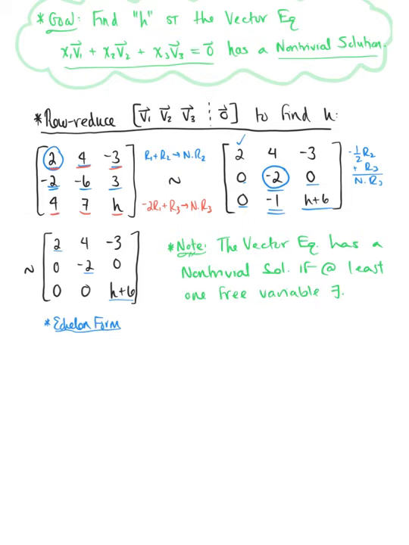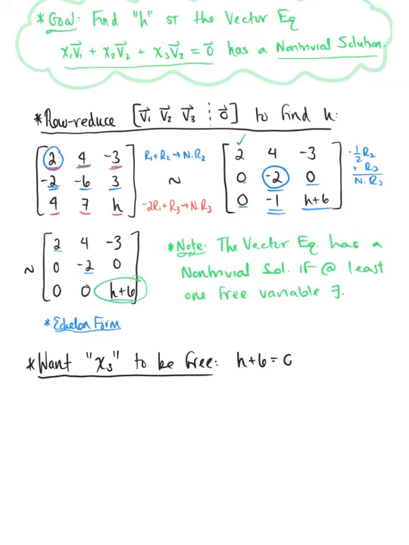So we want to solve for h such that x sub 3 is a free variable. So we want x sub 3 to be free. So in order for this to be free, we want h plus 6 to equal 0.